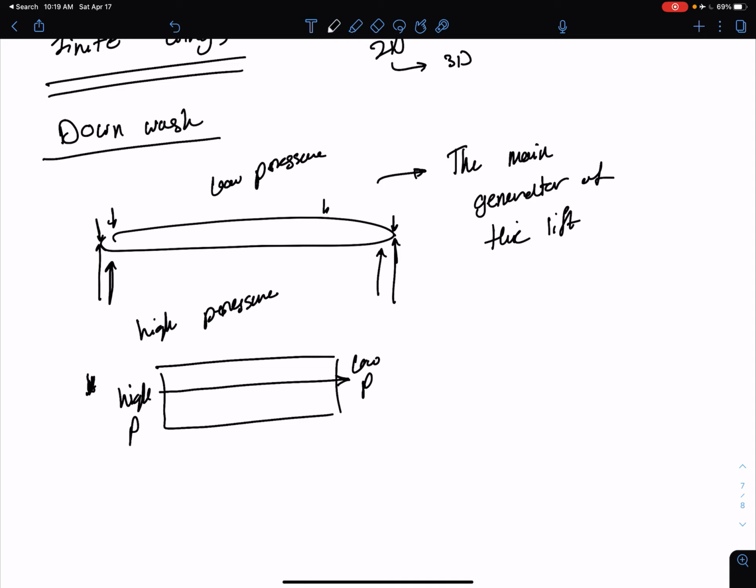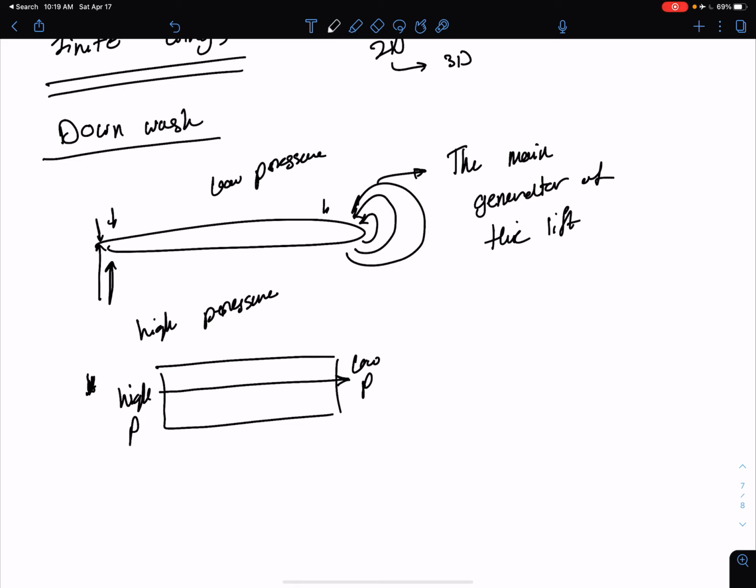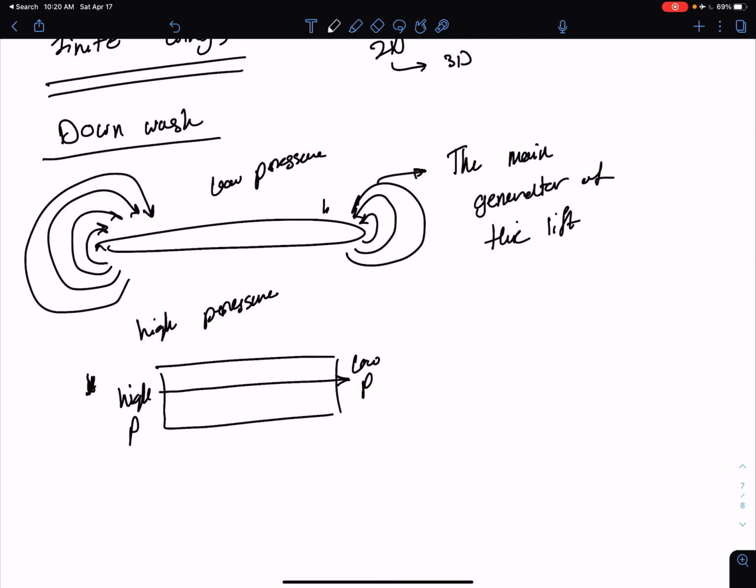You will have flow moving from this high pressure region to the low pressure region, and this is going to happen on the other side as well. This phenomenon is called the downwash.